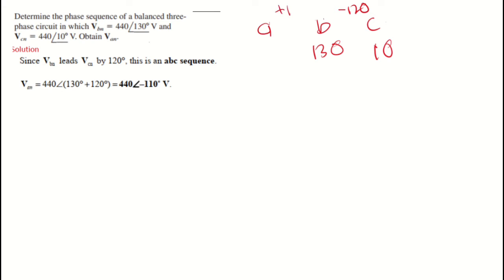So this should be negative, this is plus. So if you plus here, you get 250. So this is basically the ABC sequence, because the difference between this should be 120. Okay, so this is ABC sequence, so this is right. So if you look at this, the answer of VAN should be this one.